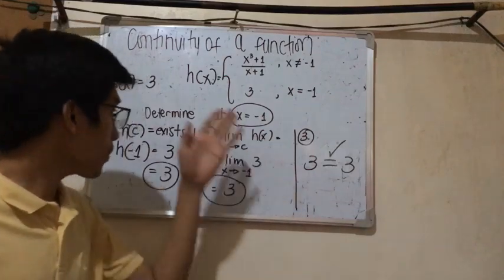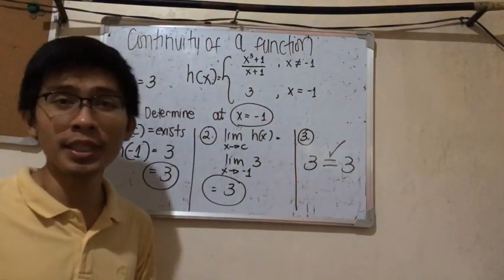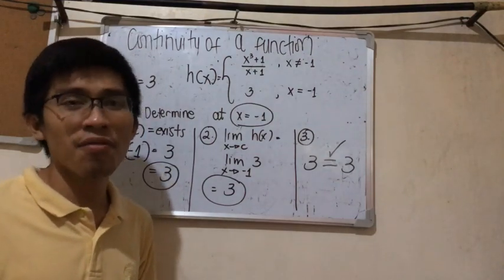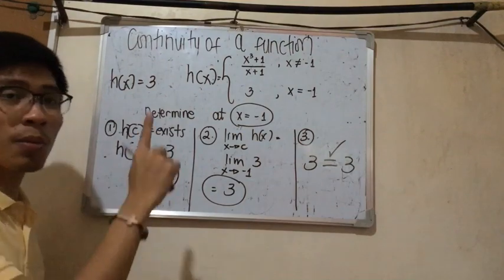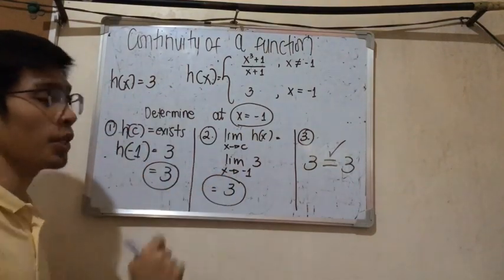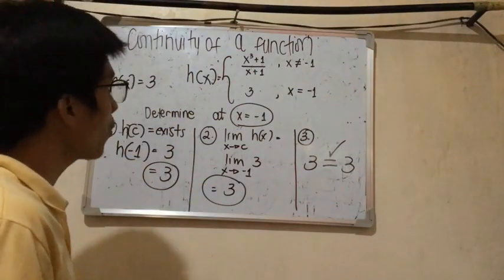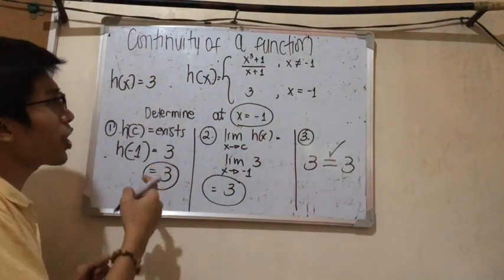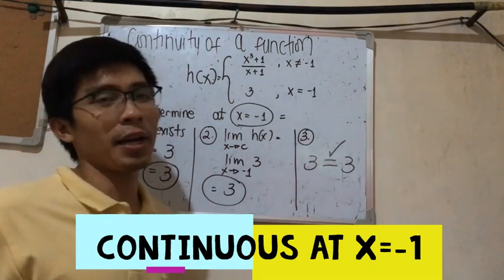Question now. Is our function at negative 1 continuous? Yes, very good. It is continuous simply because condition number 1 checked, condition number 2 checked, and condition number 3 checked. Therefore, this function is continuous at x is equal to negative 1.